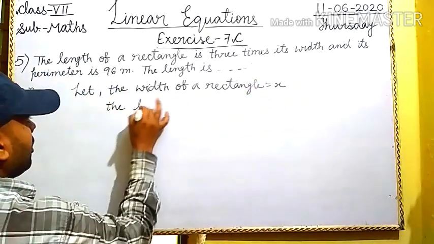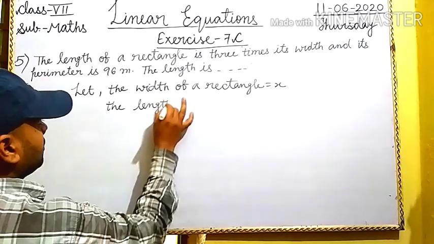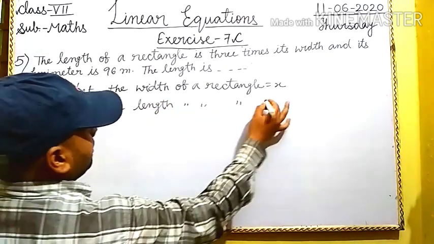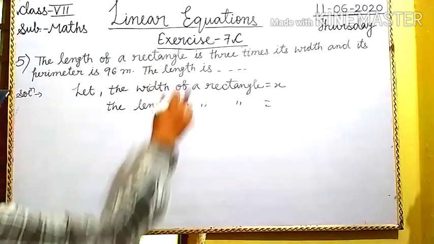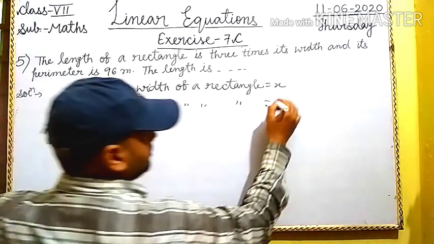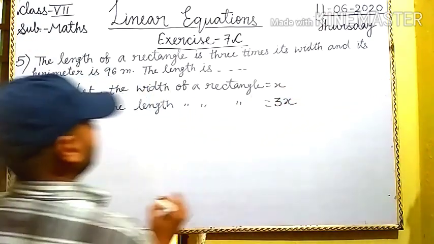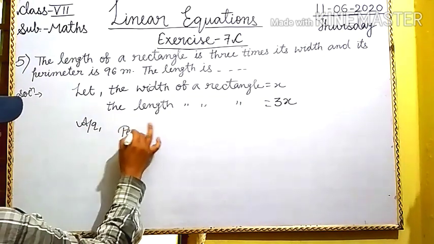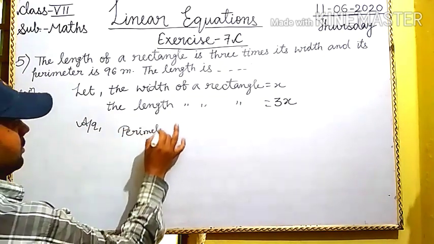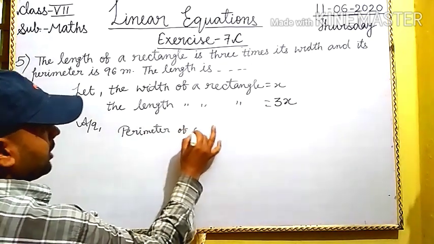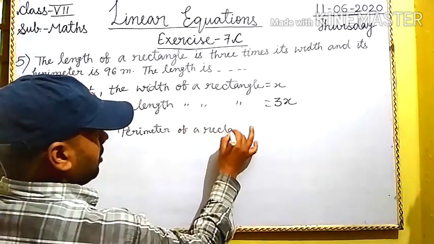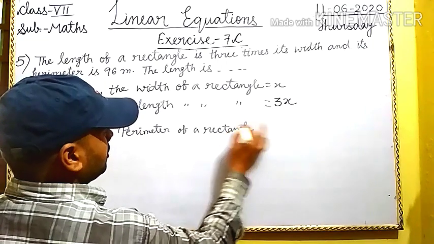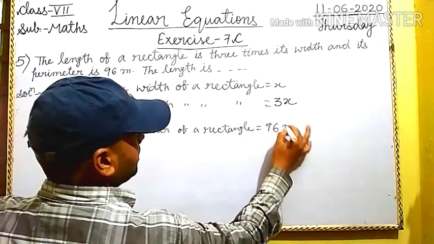Next, the length of the rectangle is 3 times its width, meaning 3x. According to the question, the perimeter of the rectangle is equal to 96 meters.